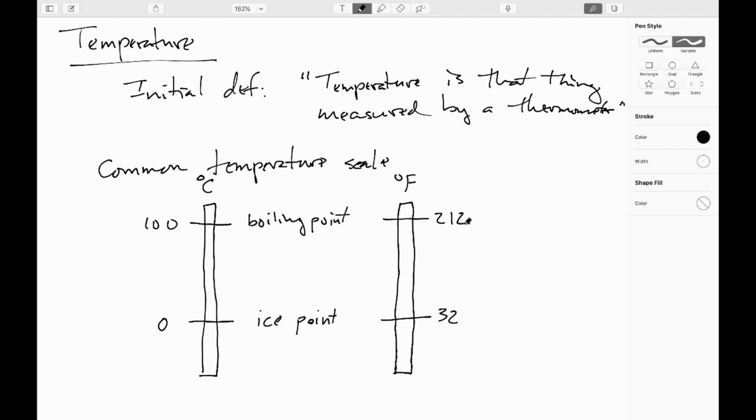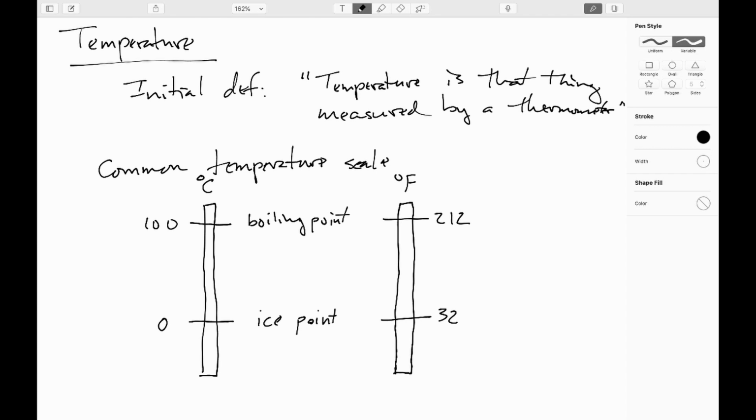So they said, you know what, let's redefine the system so that the ice point is 32 exactly, and the boiling point is 212 exactly, so that we have access to more reproducible choices. But there's nothing particularly special about using the freezing and boiling point of water other than it's readily accessible in labs.